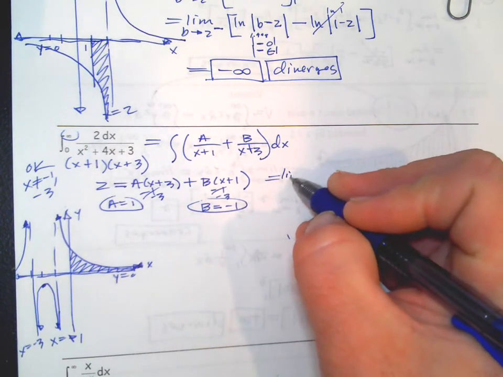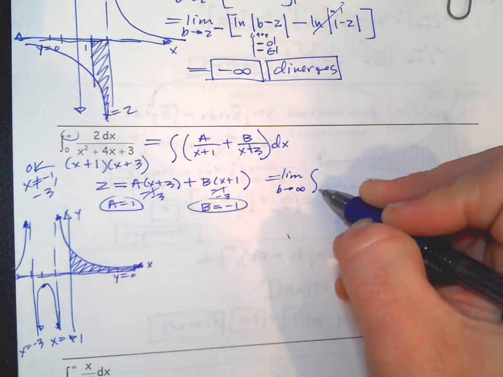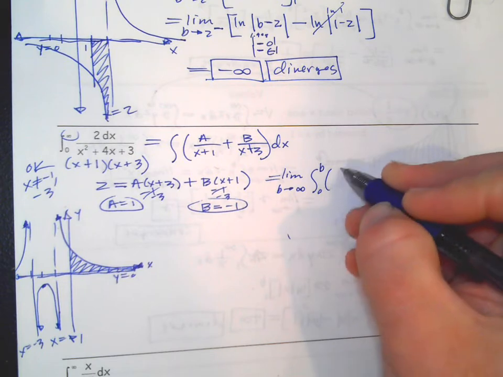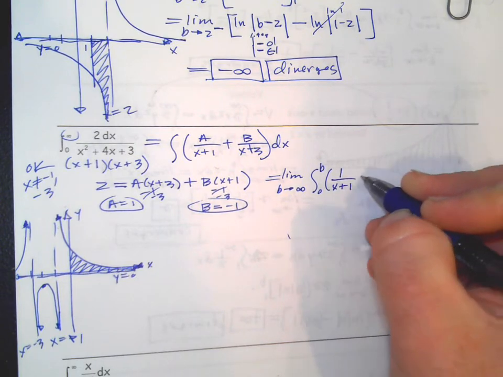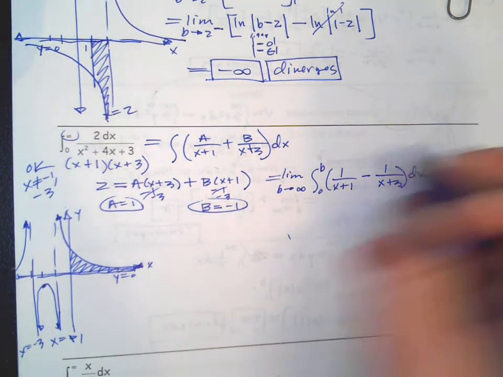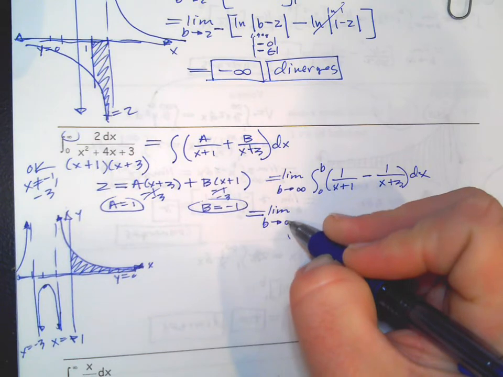Okay, so we're going to keep going. Equals the limit as b goes to infinity of the integral from 0 to b of 1 over x plus 1 minus 1 over x plus 3 dx. We're going to find the antiderivatives.